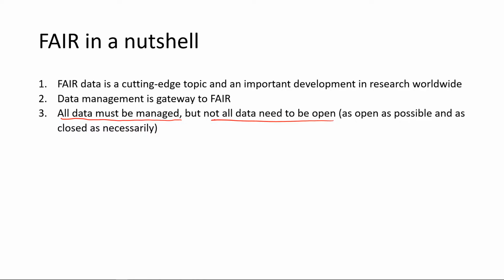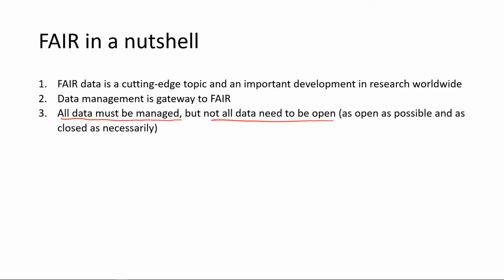Or you are a graduate student or a postdoc or a researcher and you collected some data and you need this data to publish it, and you don't want to share it, for example, because somebody will misuse it or use a method and publish before you do, or you get into trouble. So you should not share this. Basically you should use your best judgment and see what I can share and what I cannot share, what's not in the interest of my research group, of my interest, and the wider interest.